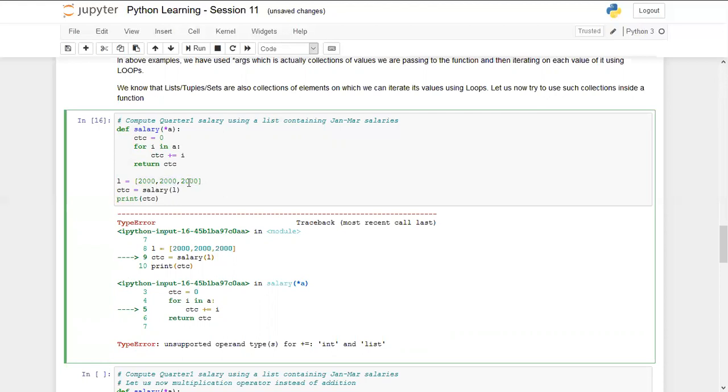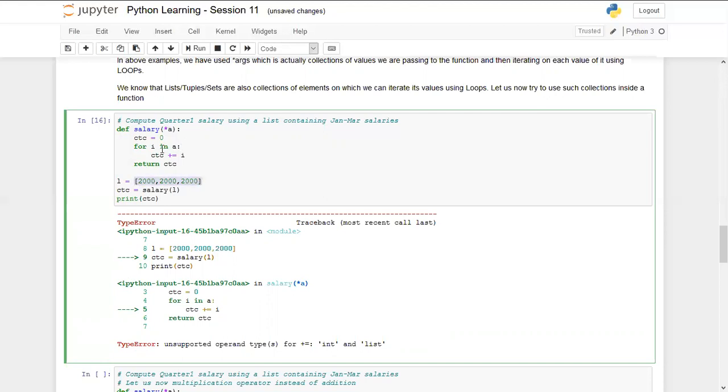It is getting the value as the complete list. You should understand this concept: while calling this function salary with this list, it goes to star A, and we are iterating through the value of A, which is actually this list. It is not iterating through each value of the list, rather it is iterating through this complete list at once.